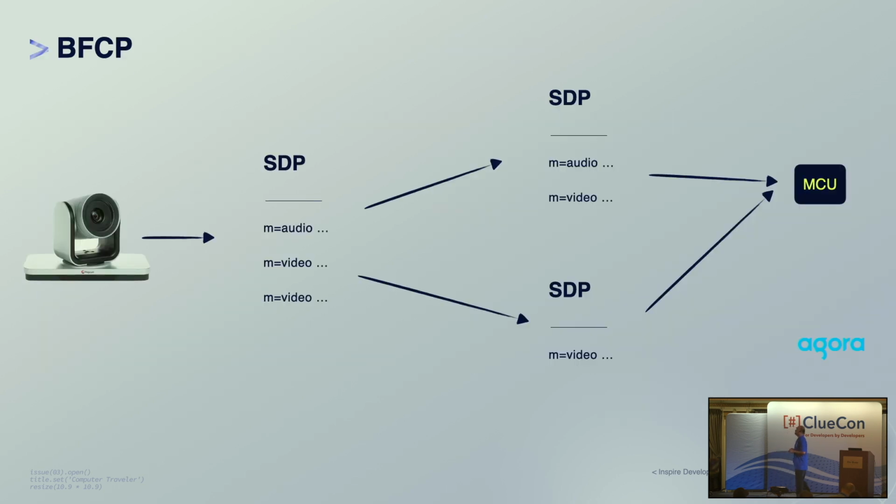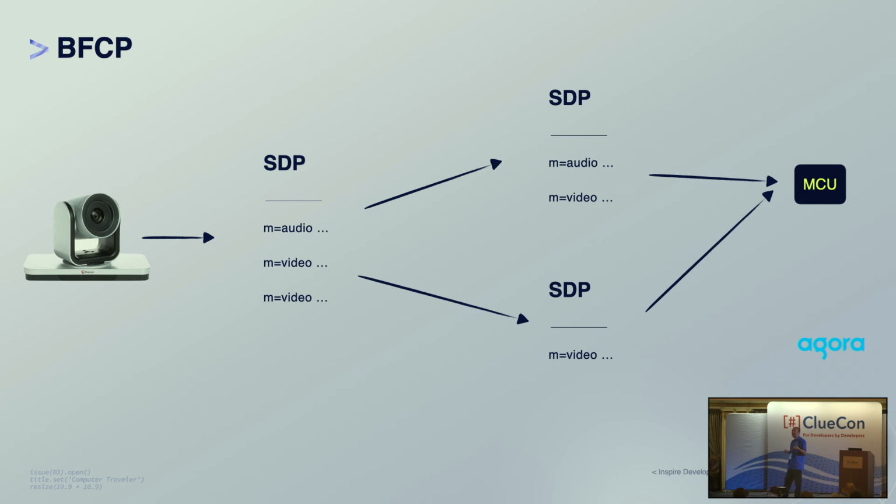So we also extended FreeSWITCH to support BFCP. BFCP is basically 2 video streams. It's 1 SIP call, but with 1 audio stream and 2 video streams. Then we did a trick. In mod_sofia, we hijack the SDP and split it into 2 SDPs.